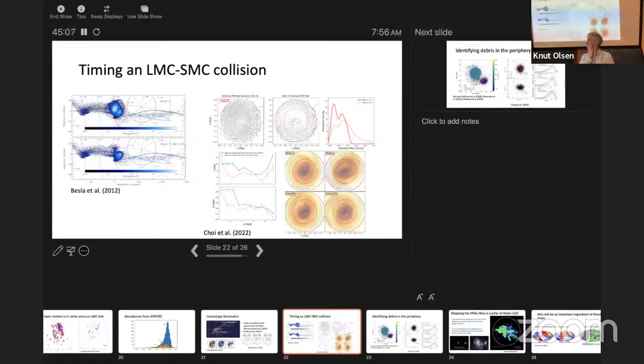With Rubin, we'll get our RR Lyrae out to 400 kiloparsecs or so, which is halfway to the distance of M31. M31 is in the northern hemisphere, of course, but I do wonder whether we'll see the potential overlap of M31's halo with that of the Milky Way. That could be cool.